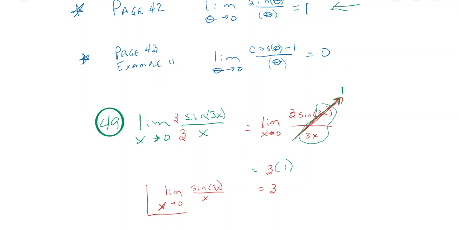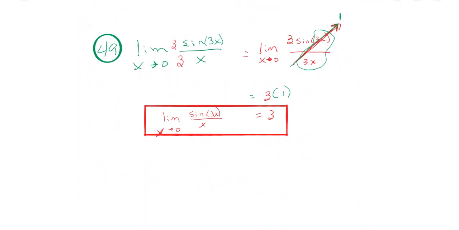Okay, so what's the answer to the question of what's the limit of sine 3x over x? It's 3. So always go back to the initial question, not the one that you changed it into, but go back to the initial question and say, and the answer is 3. Is everybody okay? Let's do another one.